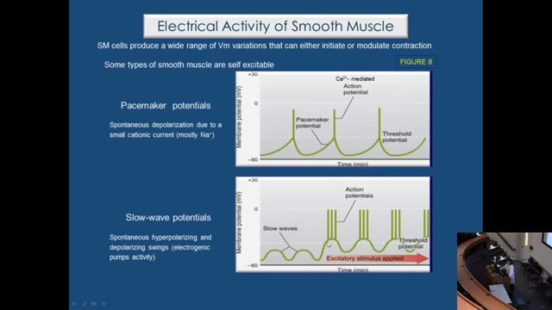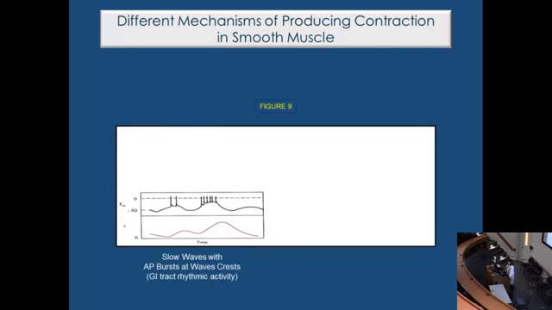And then at some point they will reach the threshold, and you see what happens. It will trigger action potentials. Usually it will trigger bursts of action potentials. So this activity is one of the different mechanisms that the smooth muscle cell uses to produce contraction.